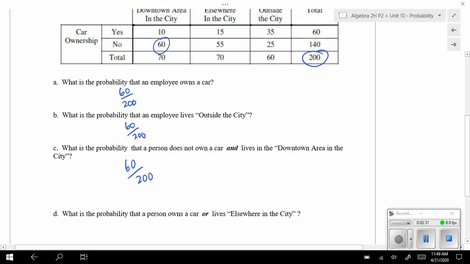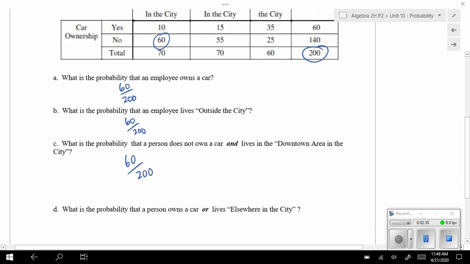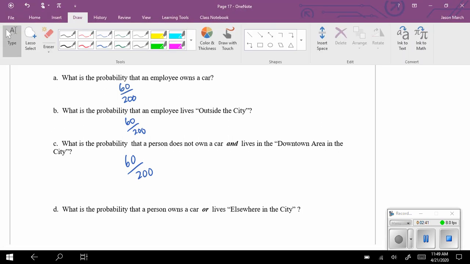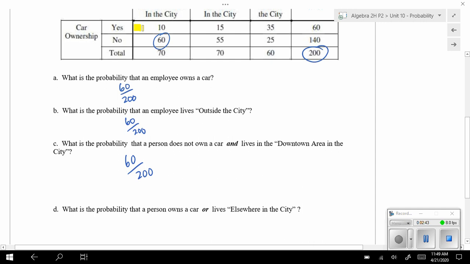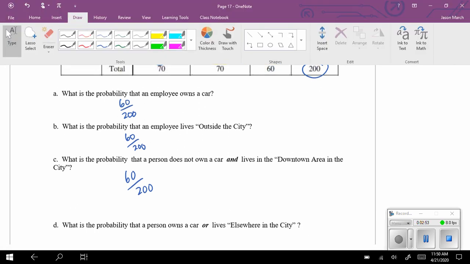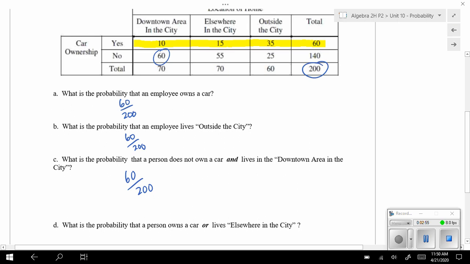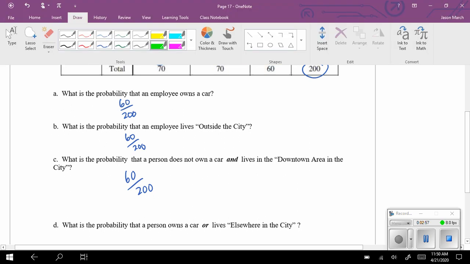So if we look at the probability that a person owns a car, that's going to be the top row. And maybe I'll even use a highlighter here. So we have the top row. Those are the people that own a car. So there's 60 total people that own a car or live elsewhere in the city. So that's going to be the middle column here.